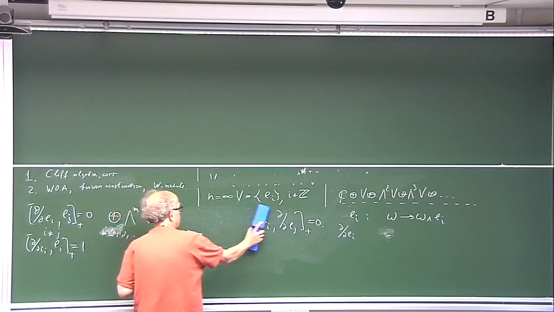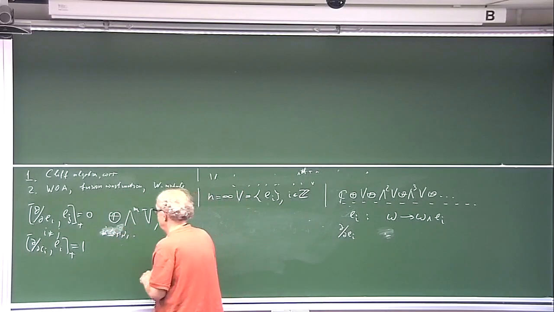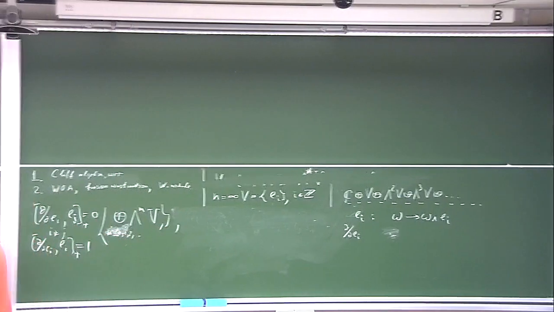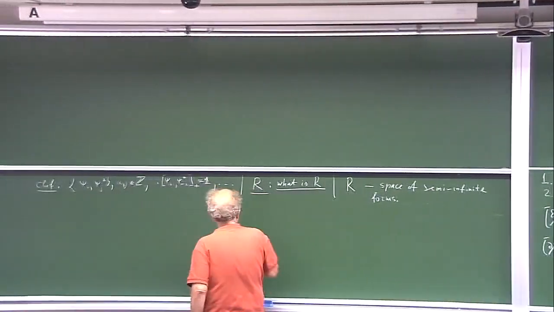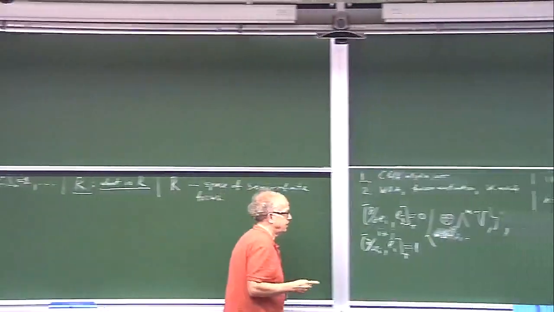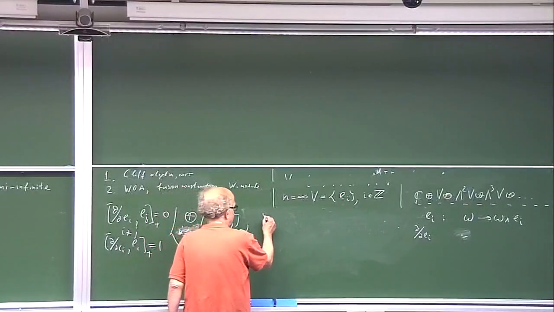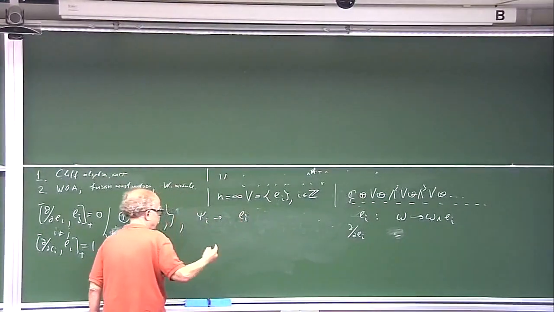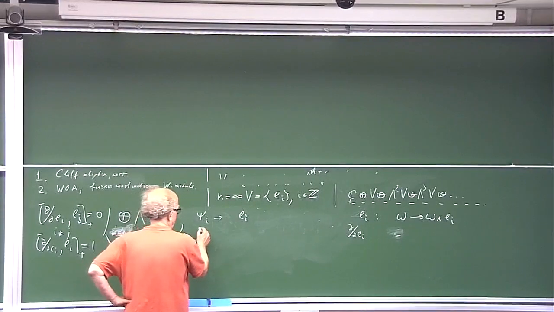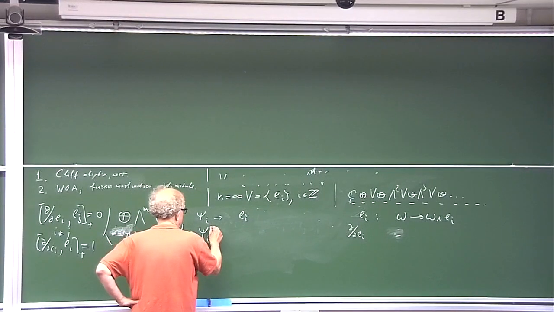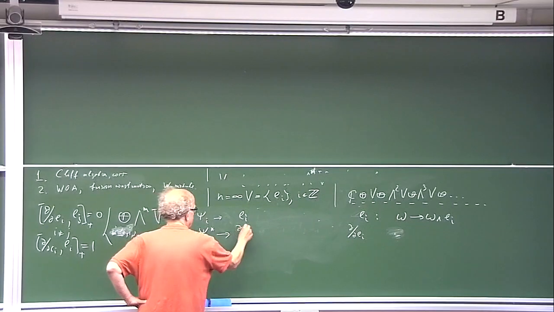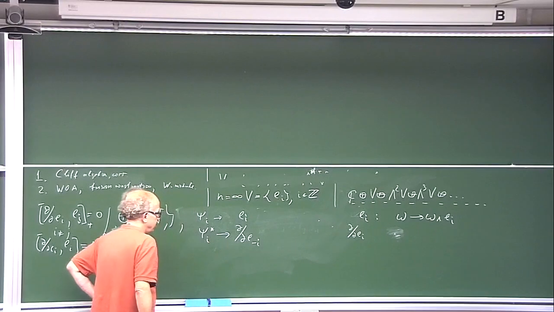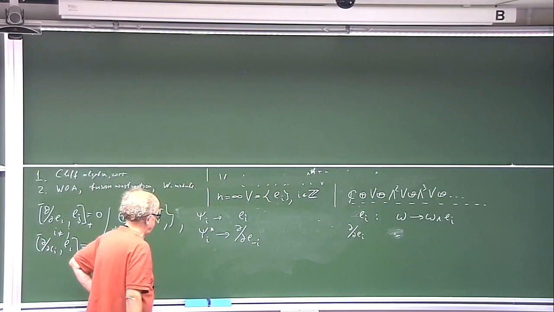Then what do we have? If we have this space, then such algebras are acting here. Namely, the operator psi_i goes to the operator e_i, just the product with e_i, and the operator psi_i star goes to the derivation in e_i.